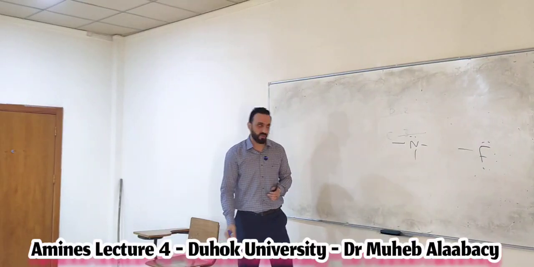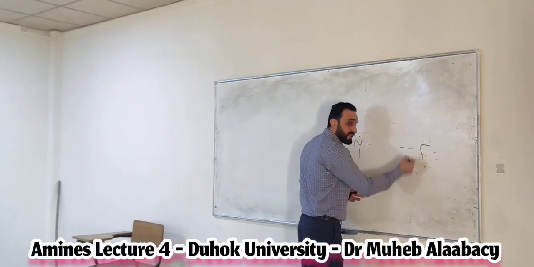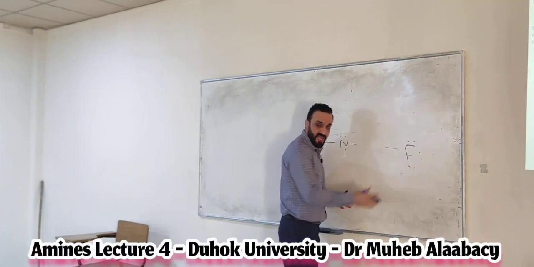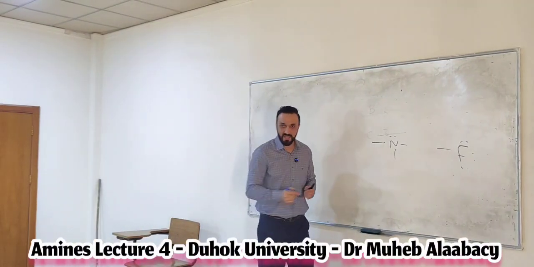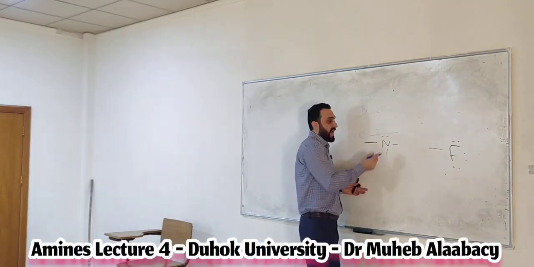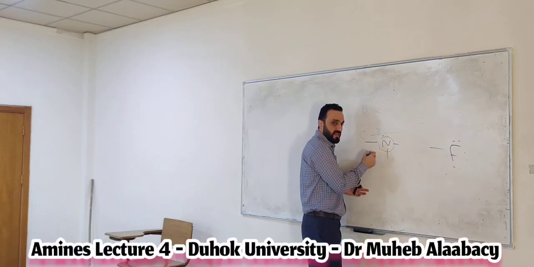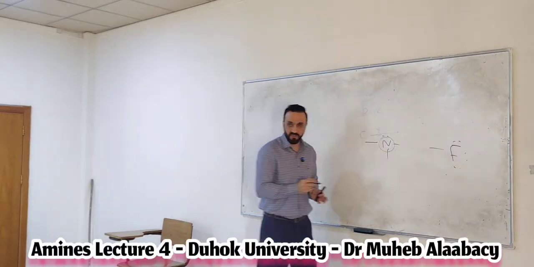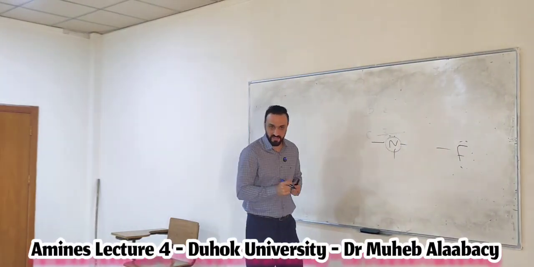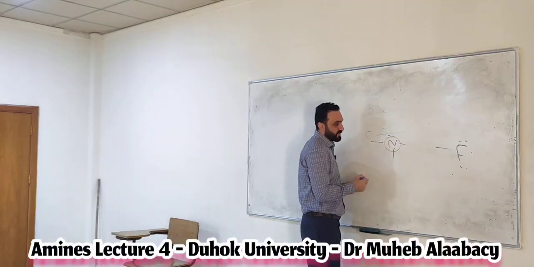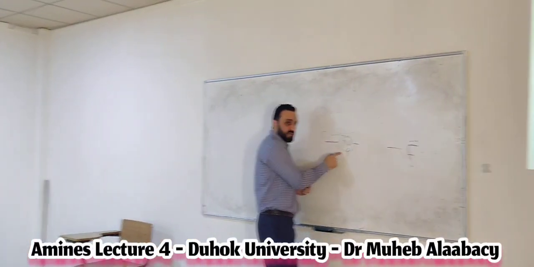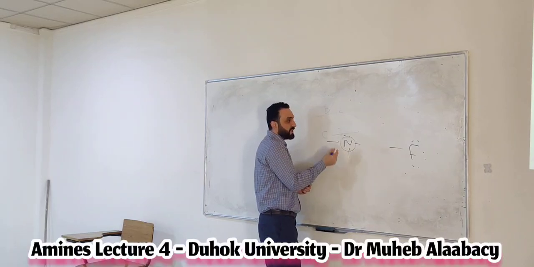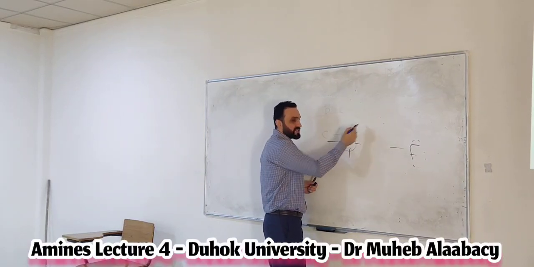Electronegativity is the ability of the atom to attract electrons. So a high electronegativity atom holds its lone pair, while a low electronegativity atom is easier to give the lone pair.